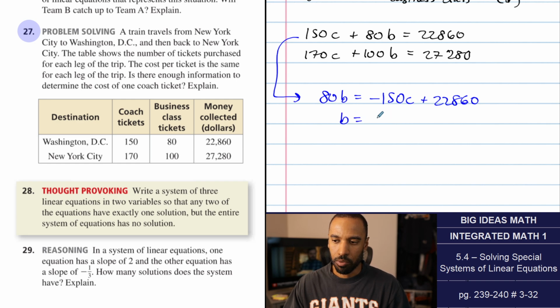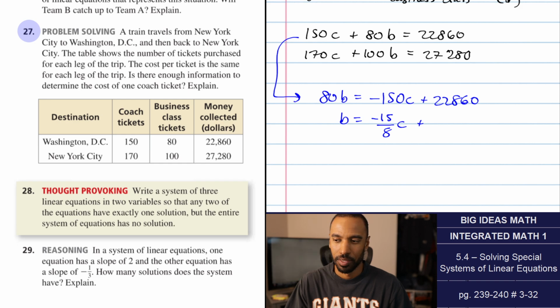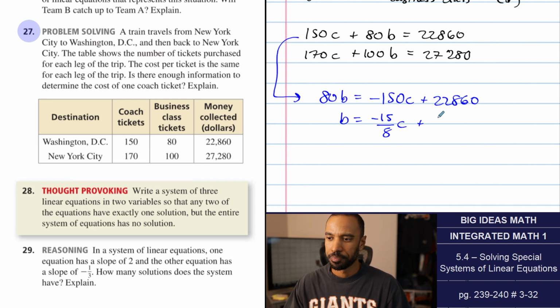So that would be B equals negative 15 over 8 C plus something. I don't know if it's worth dividing. My only question right now is, do they have the same slope? I'm going to say no. 22860 divided by 80. Yeah, it's a weird number anyway.